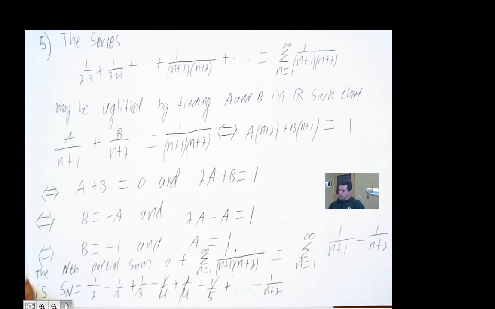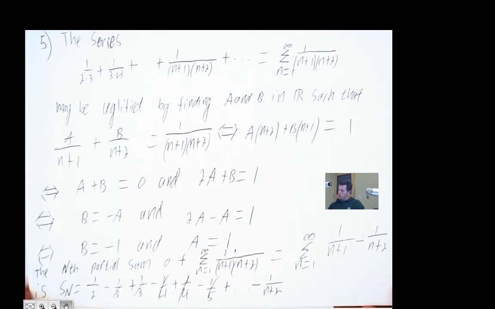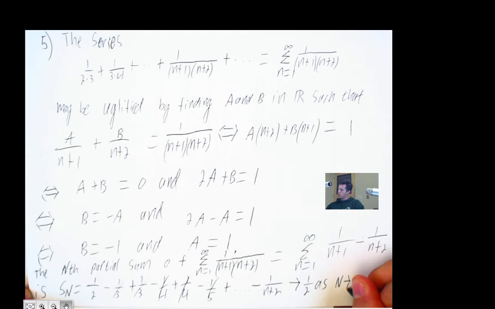Now, I'm not real fond of writing the slash notation, but I made an exception to that rule here. So I see simply 1/2 minus 1 over n plus 2. That, my friends, goes to 1/2 as n goes to infinity.